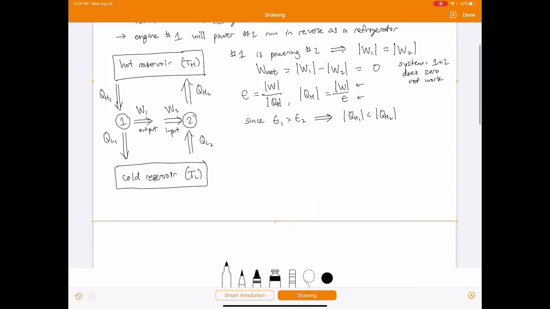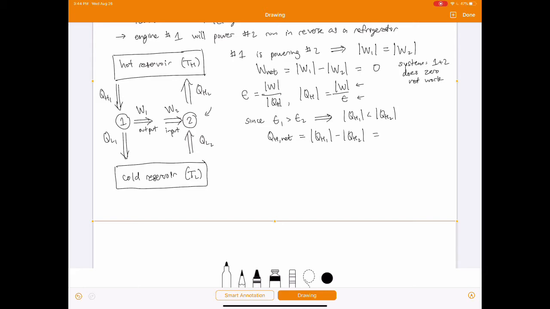Okay, so next, let's calculate QH net. So in other words, what is the total heat flow going into the hot reservoir between these two objects? Okay, so we have QH1 is positive because it's flowing into that gas. QH2 is negative because it's flowing out of that gas over there.